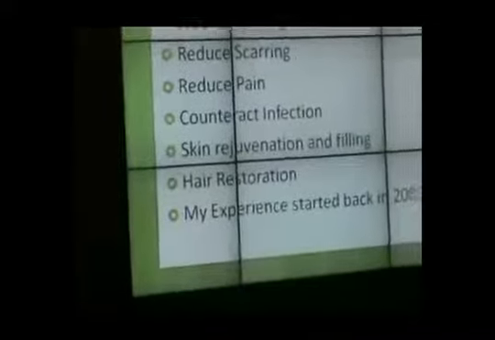The first stage is hemostasis, followed by proliferation, collagen synthesis, and remodeling. With PRP, you can really shorten this phase. It can reduce scarring, reduce pain, and counteract infection. It can be a skin rejuvenation modality and somehow a filling. It can be used for hair restoration.